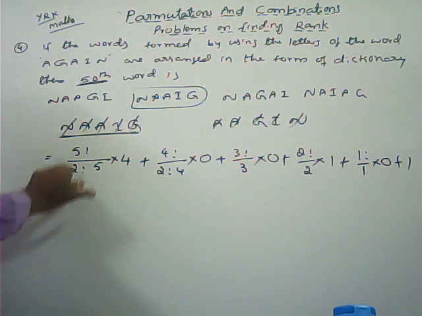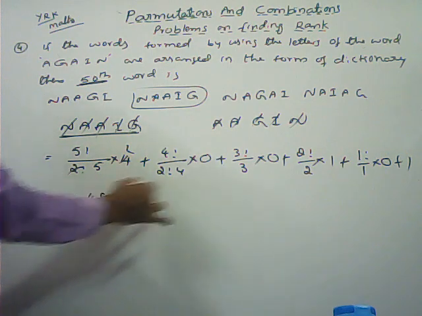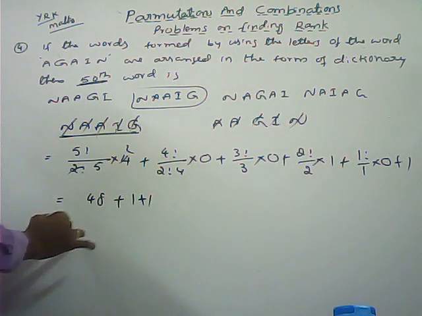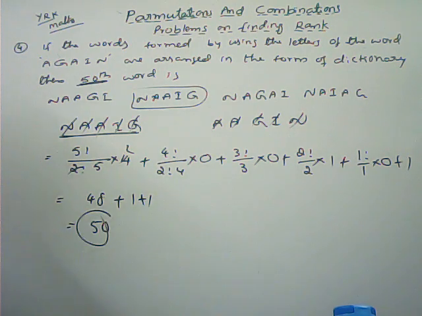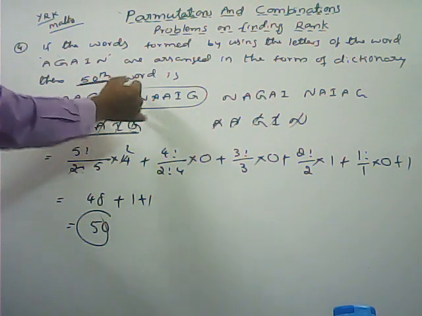Here 4 factorial 2 times, 24 to the 48, plus here 2 gets cancelled, 1, plus 1, that is equal to 50. So here the position of the word NAAIG, that is 50th. So 50th word is this one.